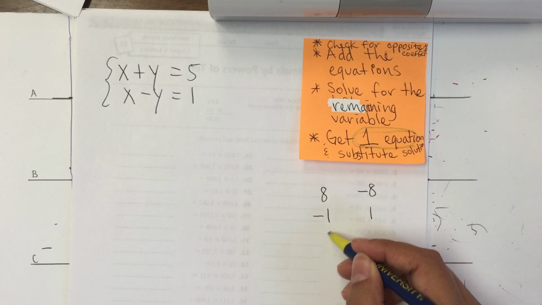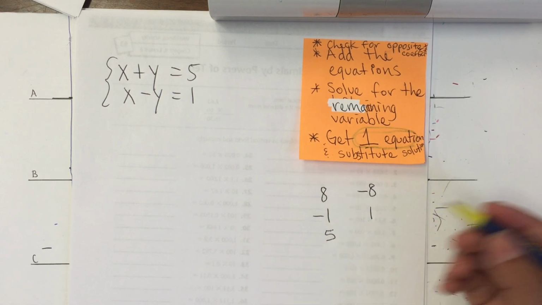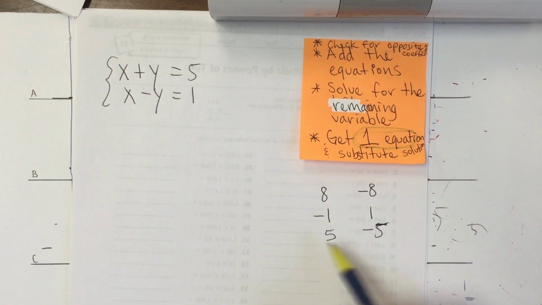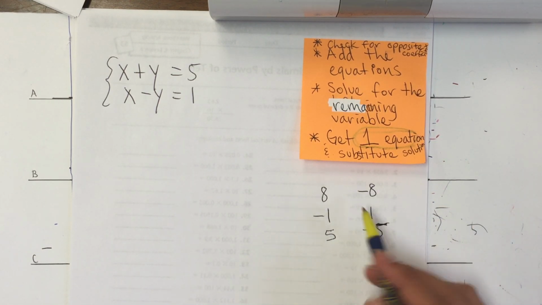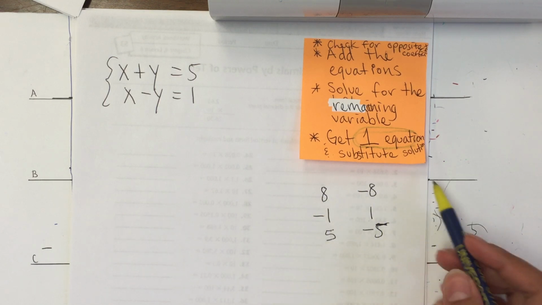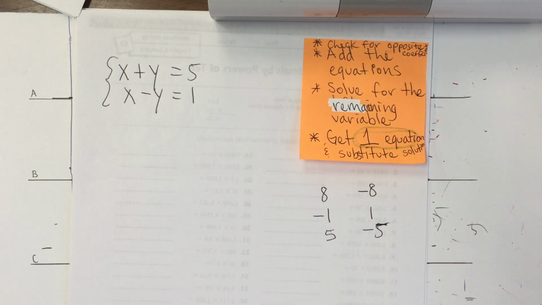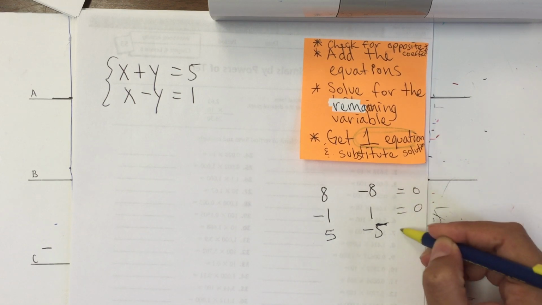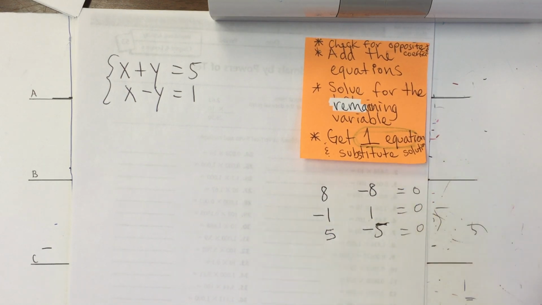What about 5? The opposite will be negative 5. So when we add a number to its opposite, which is the inverse property of addition, the answer will be 0. Basically they cancel each other.